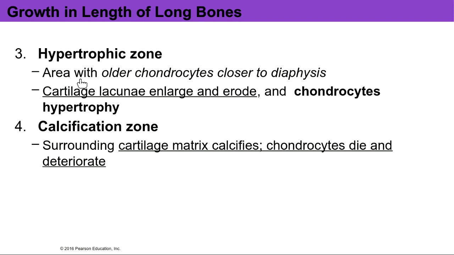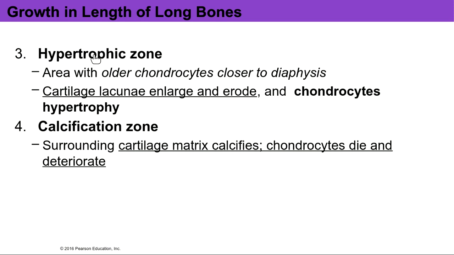Atrophy means a decrease in cell size, and eventually that will result in the dying off of that cell. Hypertrophy is sort of the opposite. It means that a cell is getting larger instead of getting smaller.